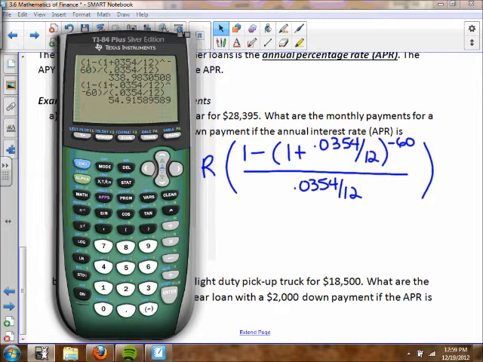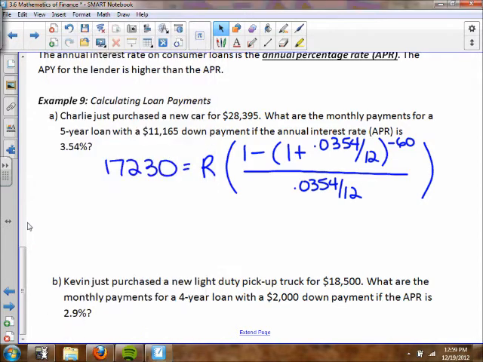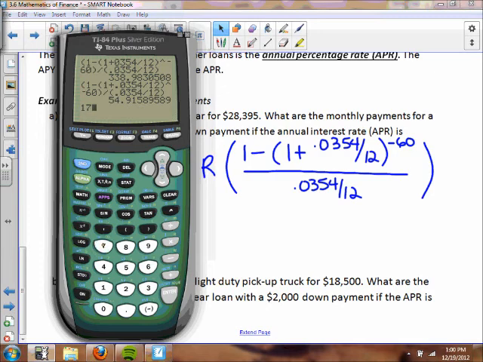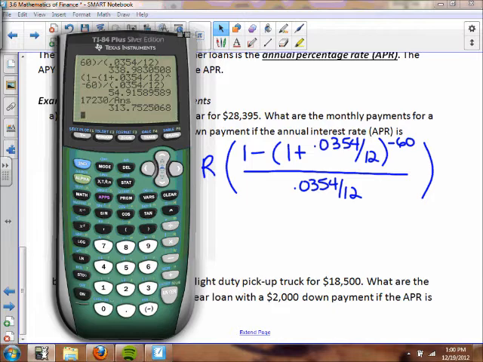Well, of course, she also did forget a parenthesis, though, that I had before. All right. So you should get this. Now, what I want you to do, you want to take 17,230 and divide it by this answer, right? So you take 17,230 divided by the answer. You get 313.75.